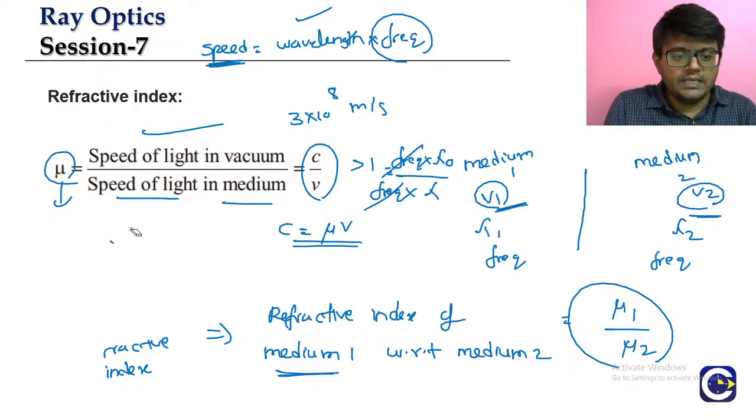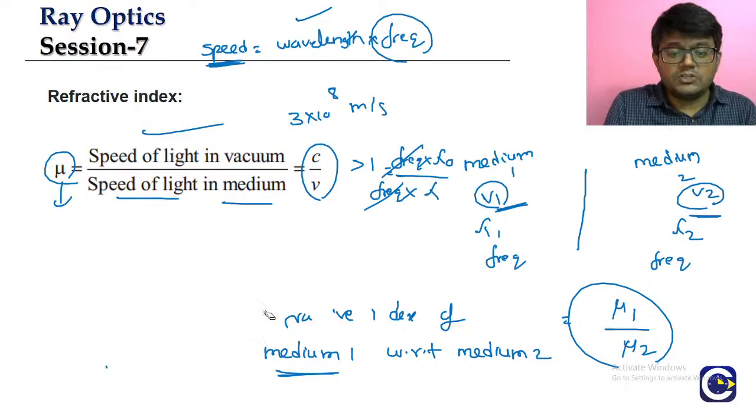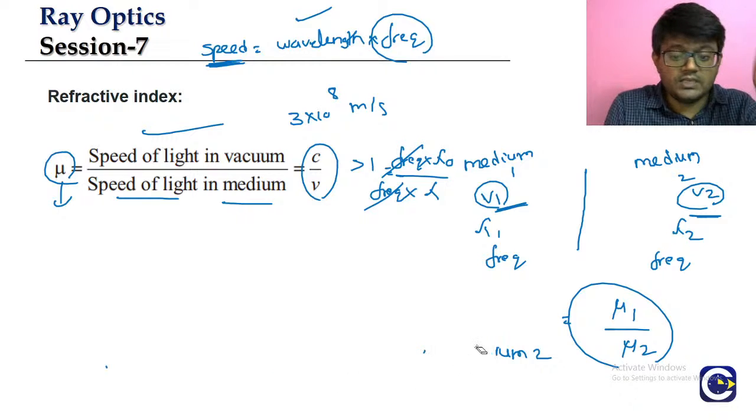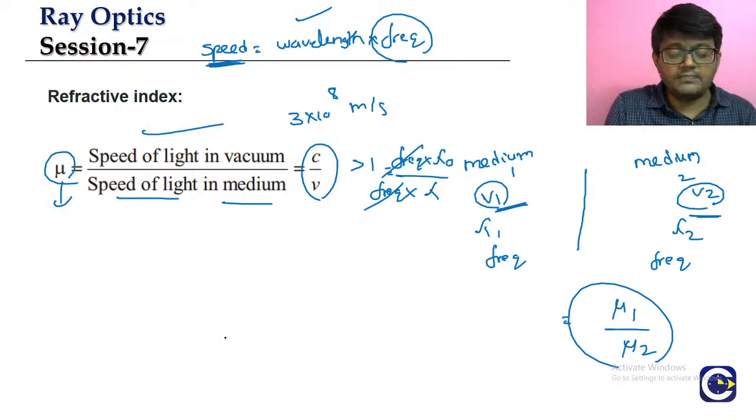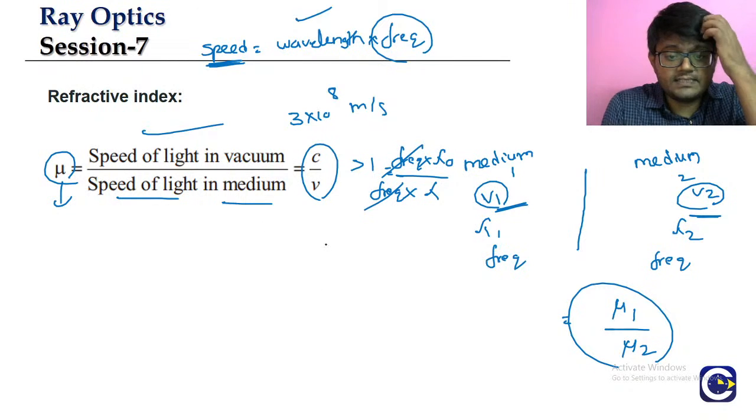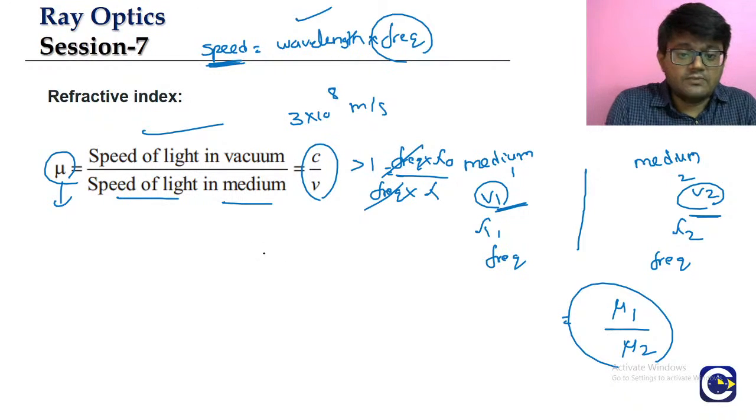This will be useful for us when we go to wave optics, where we'll talk about certain experiments, the experiments where we'll try to understand the interference and diffraction phenomena. In those cases, the relation between the wavelength and the refractive index will be useful for us.